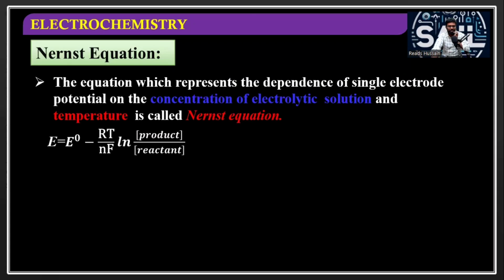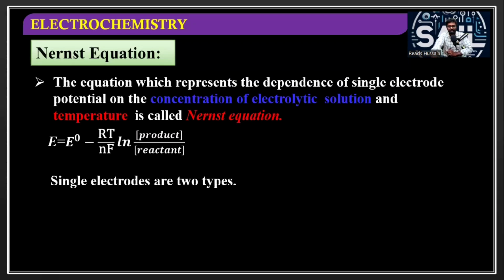F is the Faraday, which we'll discuss later in our classes. ln is the natural logarithm, of the product concentration by the reactant concentration. All of you must remember this equation because we are going to use it many times in our coming discussion in this class. Please note down.